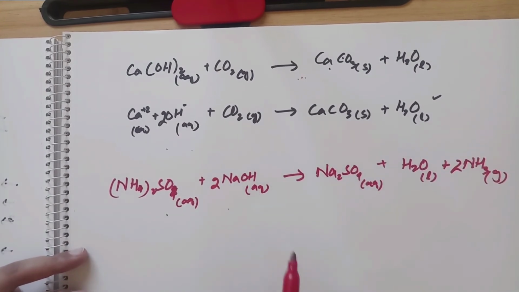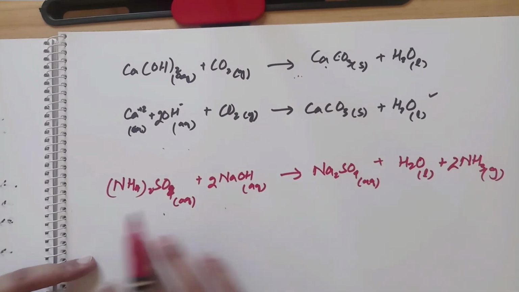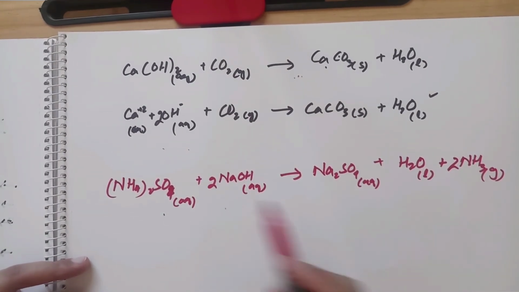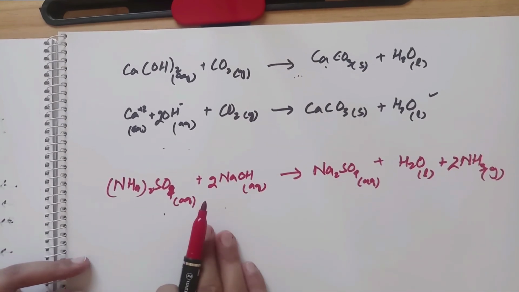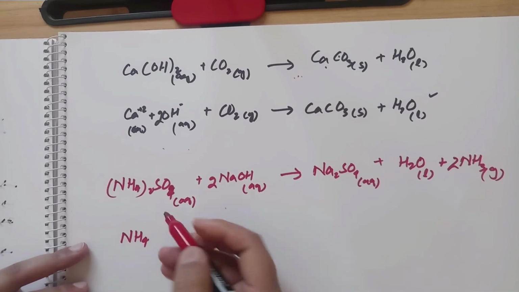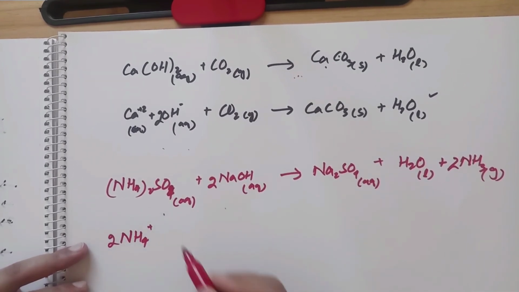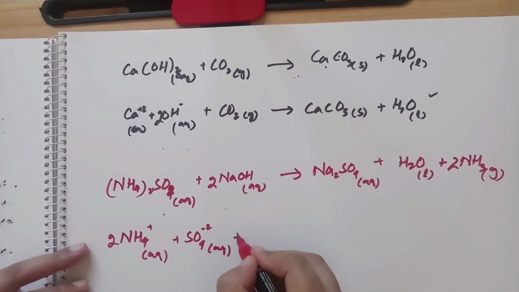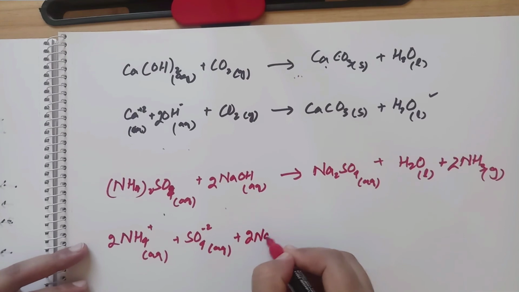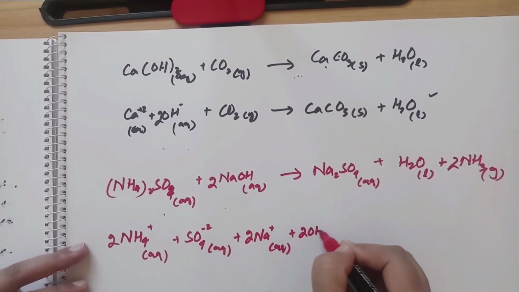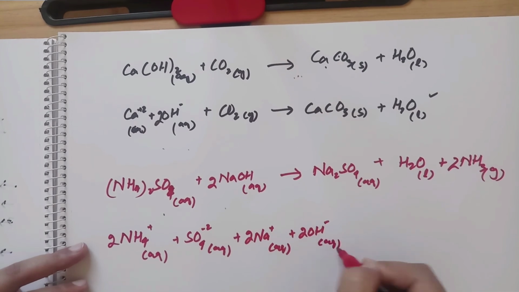So now you just have to convert this balanced equation into the ionic equation. Following step number 1, split all the aqueous solution compounds into their ions. So ammonium NH4 present in aqueous solution, sulfate ion aqueous solution, again sodium ion aqueous solution, and OH ion again present in aqueous solution.